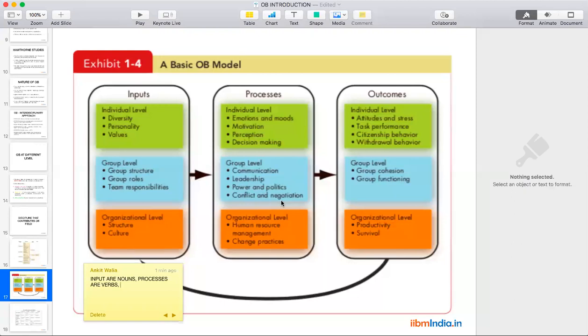Human resource management means how companies are managing their bundle of individuals, and how the individuals feel motivated while working in the organization.